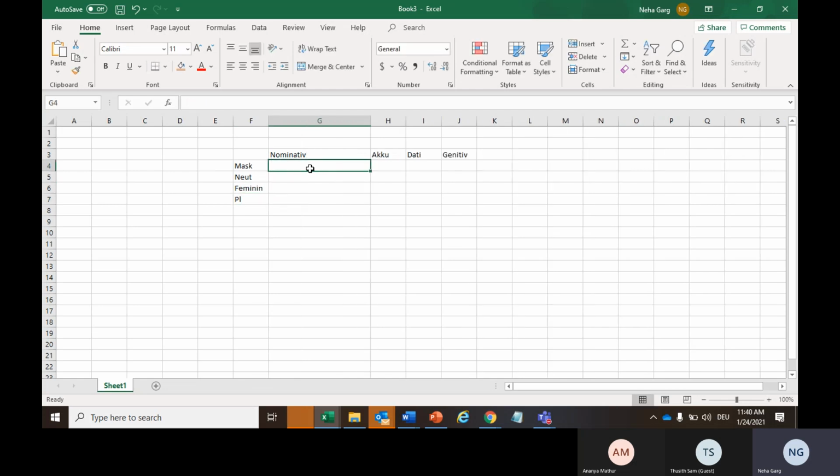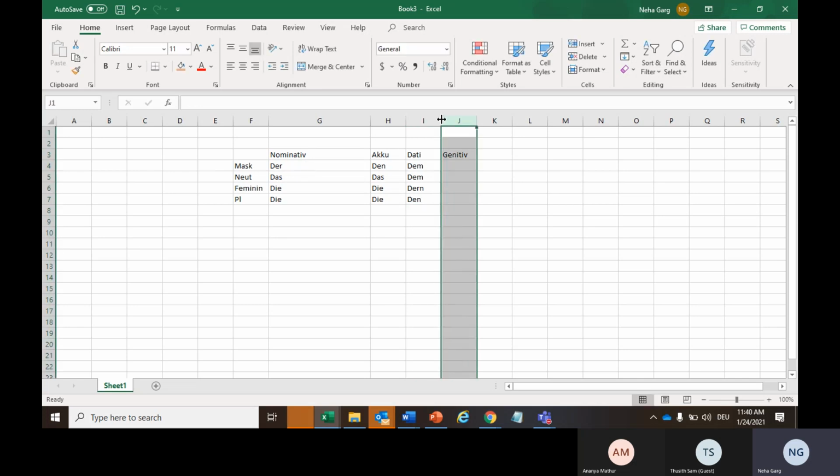We know nominative is der, das, die, und dann die. In accusative, der changes to den, then all three others remain the same. Then we have dative, which changes to dem, dem, der for feminine, und dann den for plural.